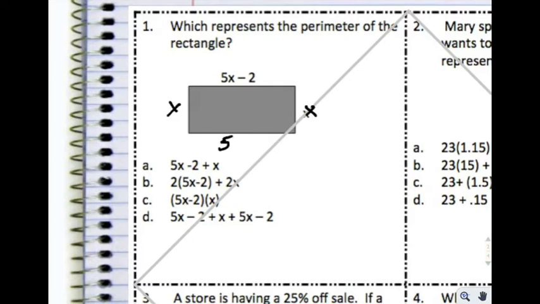So I can immediately say what the side lengths of the remaining 2 sides are. And the perimeter means the distance all the way around the shape. So starting at one point, going all the way around the shape, that would be the perimeter. So I need to find the sum of all the side lengths around the rectangle.